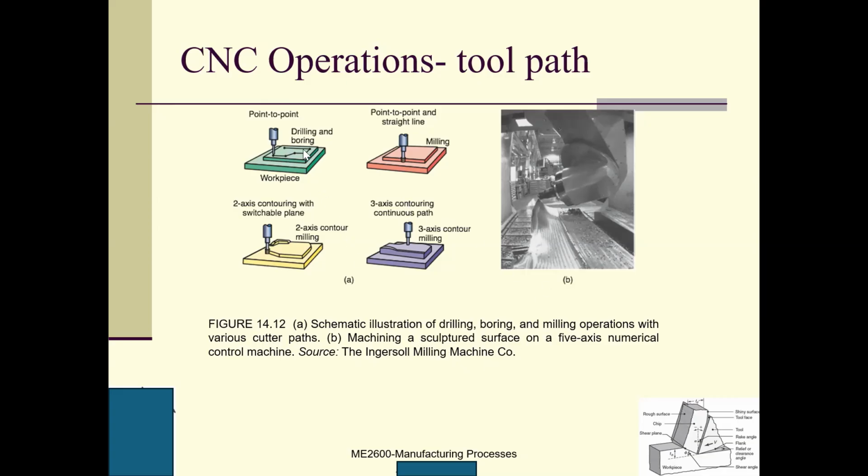Here is drilling and boring, this one is point to point, and this is straight-line milling. Here is 2-axis contouring with switchable planes. This one is 3-axis contouring, a continuous path. This one is machining a sculptured surface on a 5-axis numerical control machine. This picture we showed; I want to show you again.